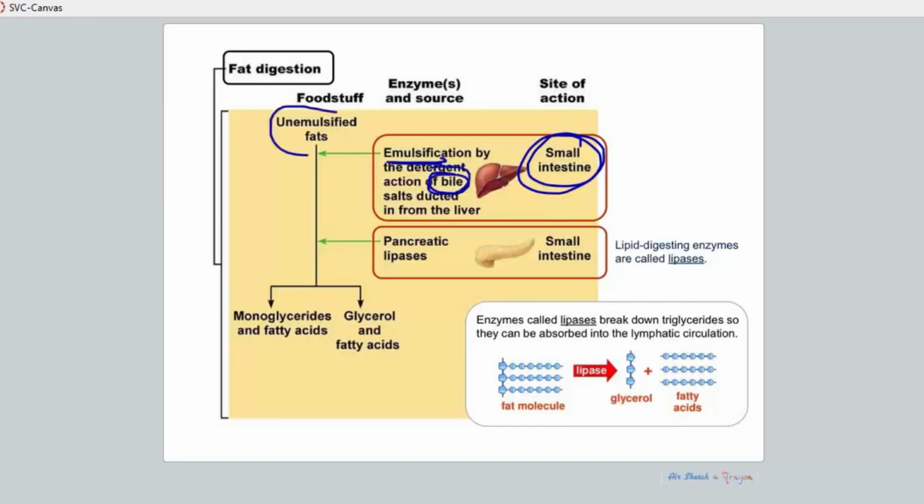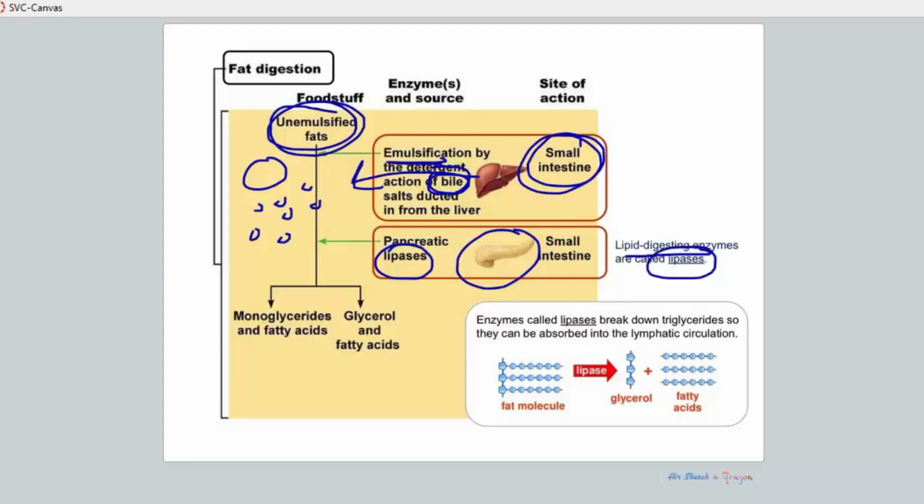Unemulsified fats come into the small intestine, the liver and gallbladder release bile, and that causes large fat droplets to be divided into small lipid droplets. That allows digestive enzymes, produced by the pancreas and secreted into the duodenum, to break down those triglyceride molecules. Lipid digesting enzymes are called lipases.